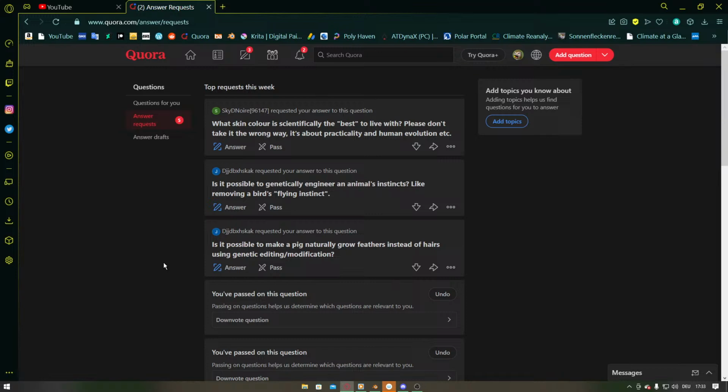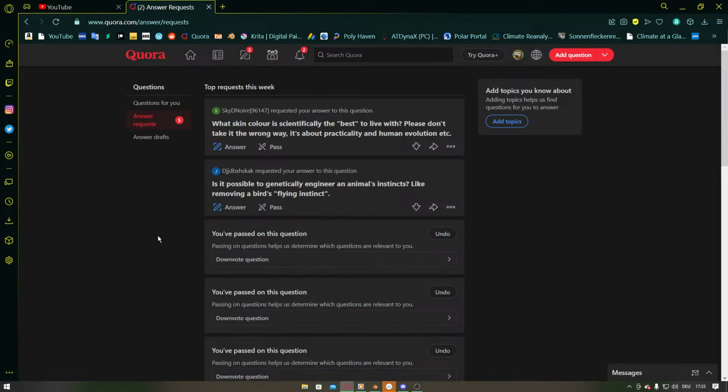It's all there already, only the right parts need to be activated. Let's find out if they are actually succeeding and we are having humans walking around with feathers in 50 years or something. Really interesting. Is it possible to genuinely engineer an animal's instincts, like removing a bird's flying instinct?